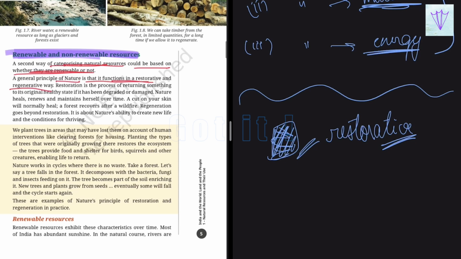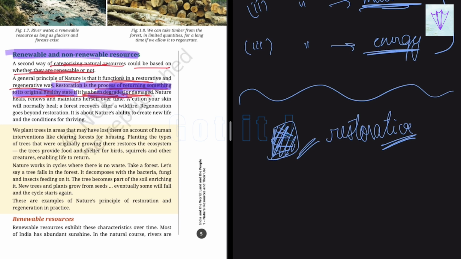Restoration is the process of returning something to its original healthy state from its degraded or damaged state.